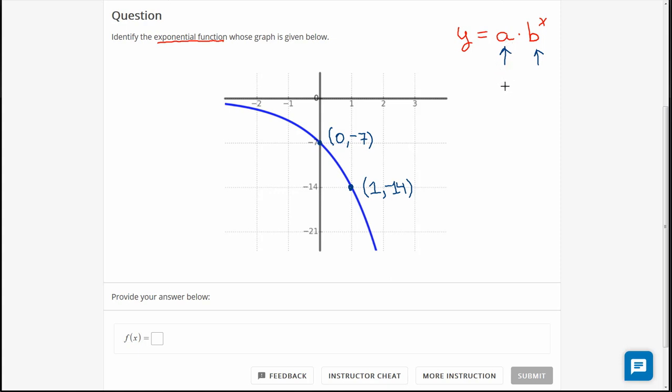Well, there's a fancy trick here: if you read the section carefully, you know that a is negative 7 because a is always the y-intercept. For any exponential function, a is always the y-intercept. That's a handy fact that can make your life easier.